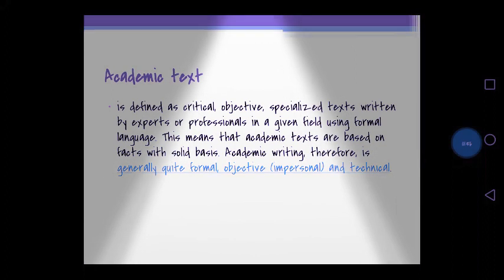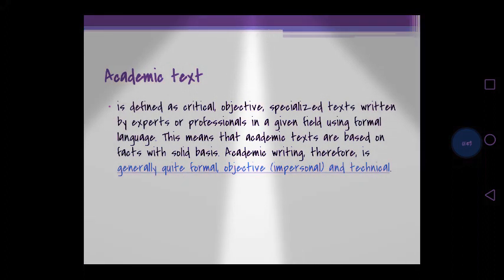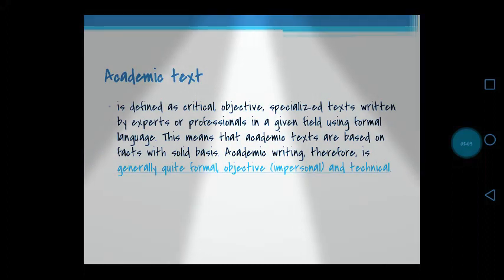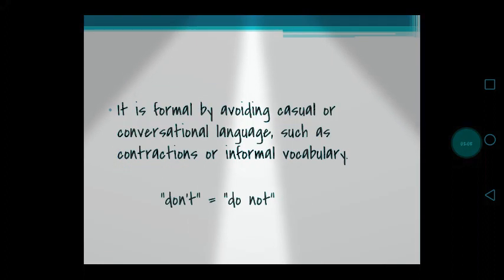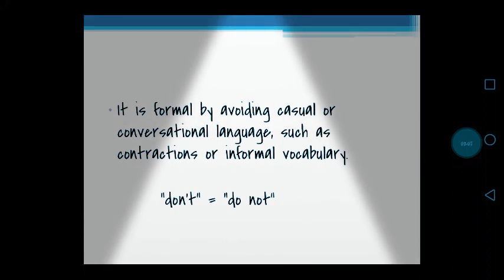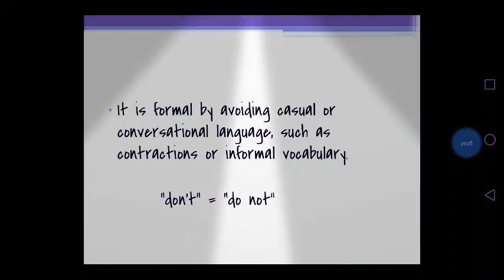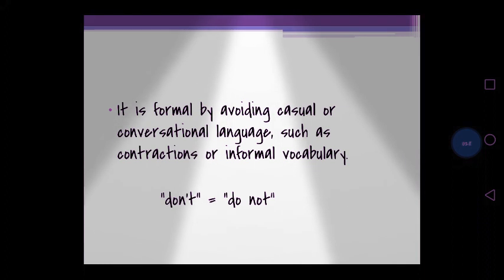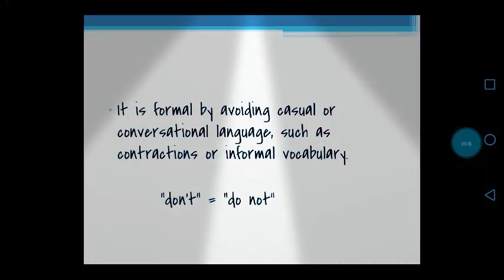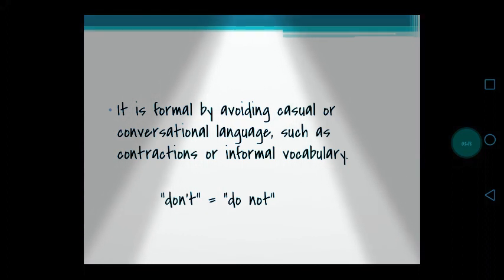Academic writing, therefore, is generally quite formal, objective, and technical. It is formal by avoiding casual or conversational language such as contractions or informal vocabulary.